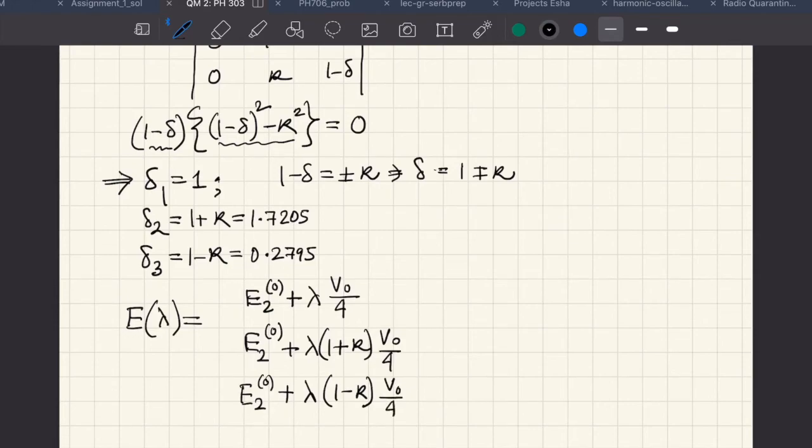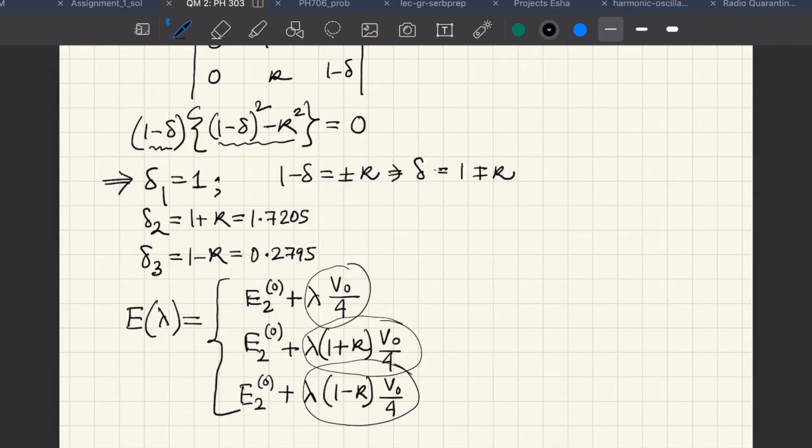Okay, so these are the energies, and you can see that this first order correction to energies, they all have been lifted the degeneracy.